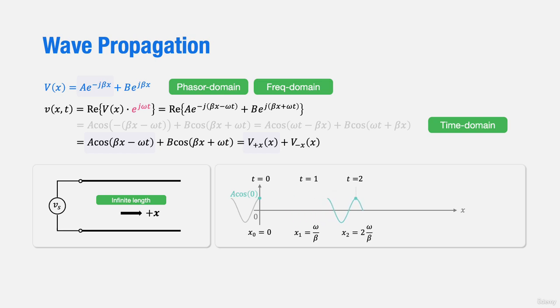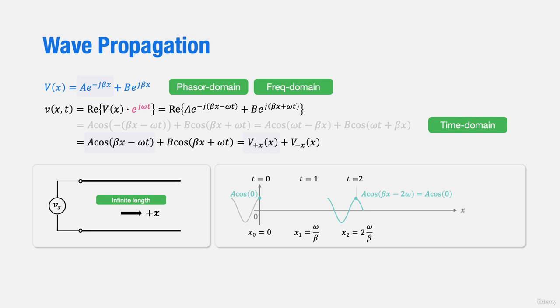Similarly, when t equals 2, the value of the wave is a times cosine beta x minus 2 omega, and the point a cosine 0 will move to position x2, which is equal to 2 omega over beta, since beta x minus 2 omega must be equal to 0.